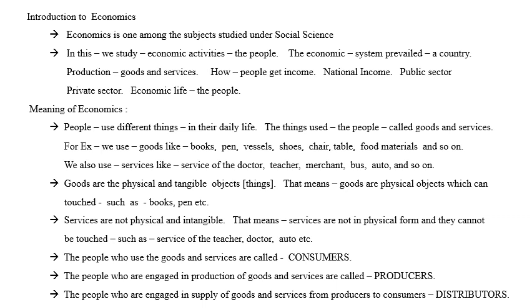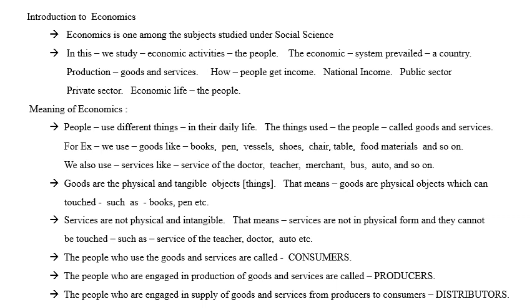The people who make the best use of goods and services to meet their daily necessities are called consumers. And the people who are engaged in production of goods and services which are necessary to meet the daily necessities of the consumers are called producers.